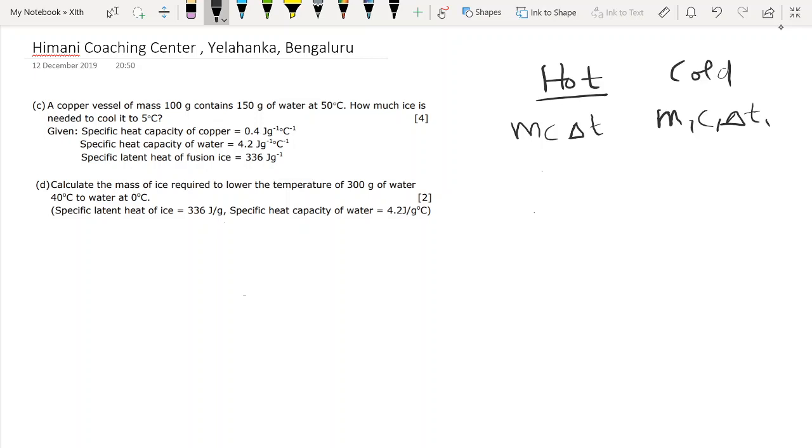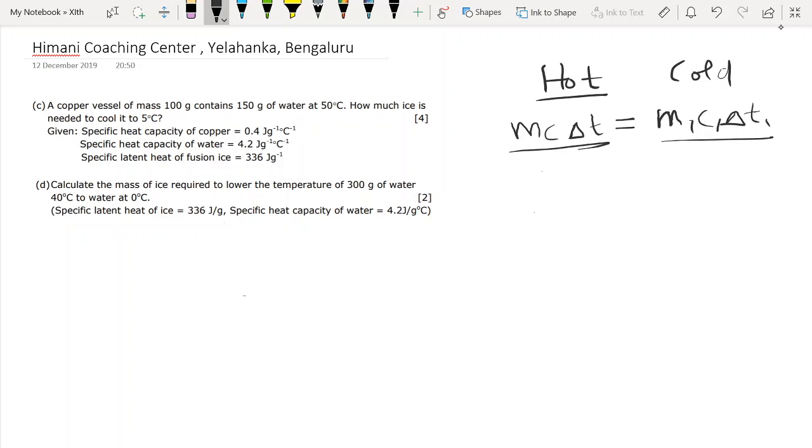Now understand, the hot body would be at a higher temperature and the cold body at a lower temperature. So when they are mixed, delta T we have to find for these bodies separately, and as per the principle of calorimetry, the heat lost by the hot body equals the heat gained by the cold body.